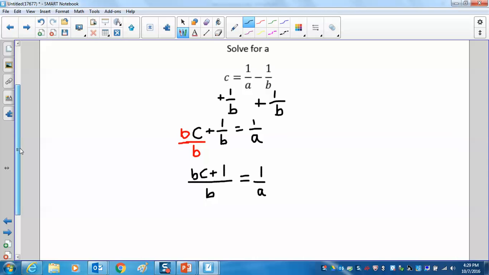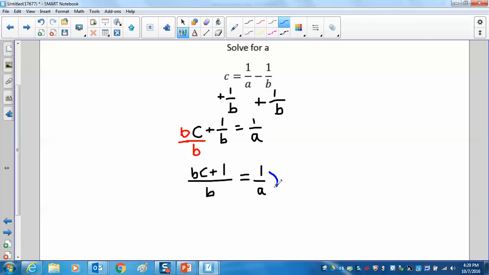Again, our goal is to solve for a, to get a by itself. So now that there's one fraction on the left and one fraction on the right, I can just do the reciprocal of both sides. If I do the reciprocal on this side, I need to do the reciprocal on this side. Really what we're doing is raising both sides of our equation to the -1 power. When we raise both sides of our equation to the -1 power, we just take the reciprocal.